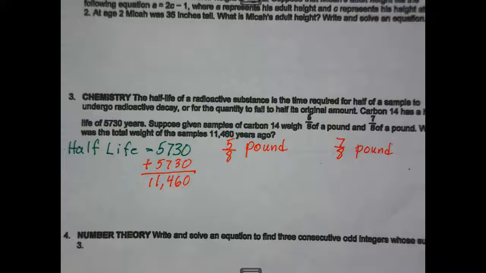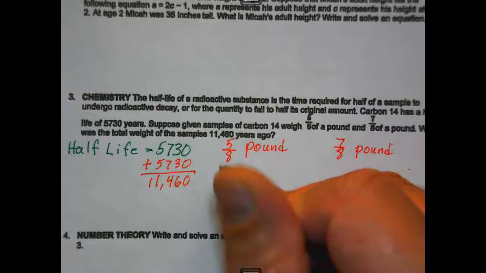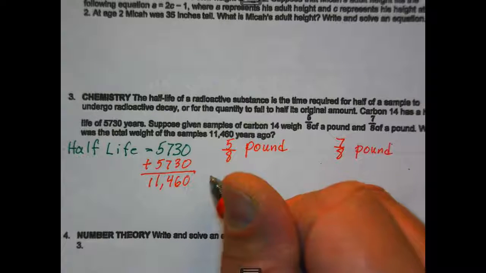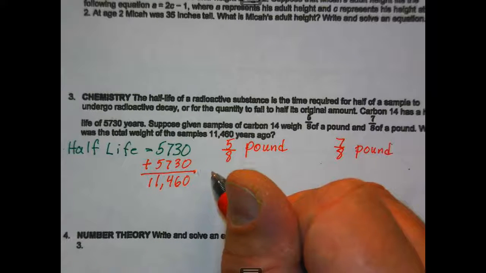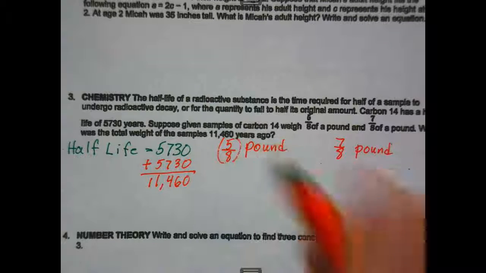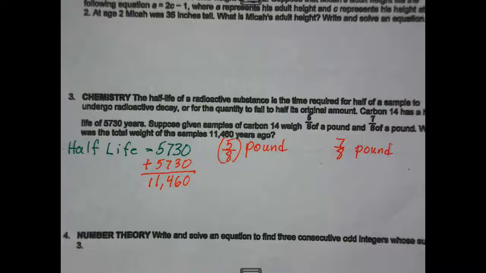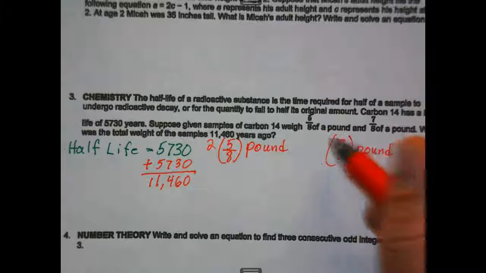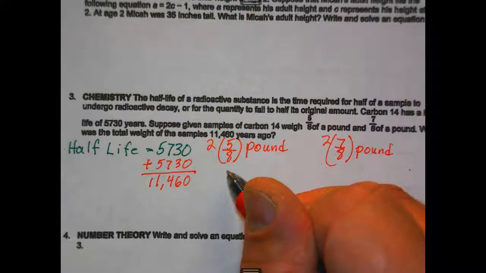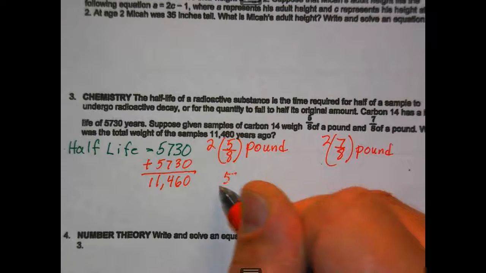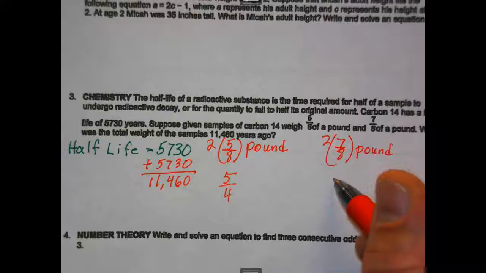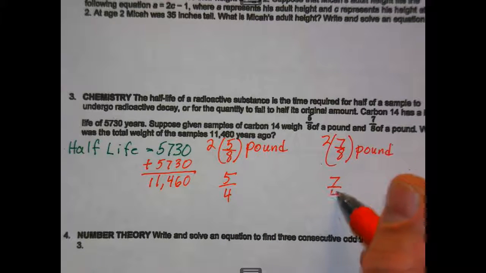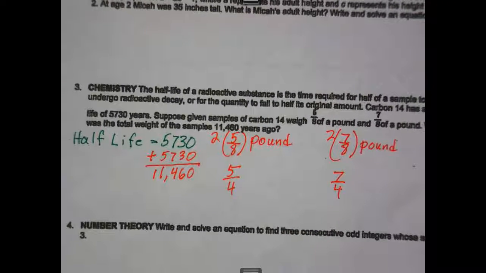It's pretty easy. 2 half-lives ago is just multiplied by 2. So I get 5/4 of a pound and 7/4 of a pound.